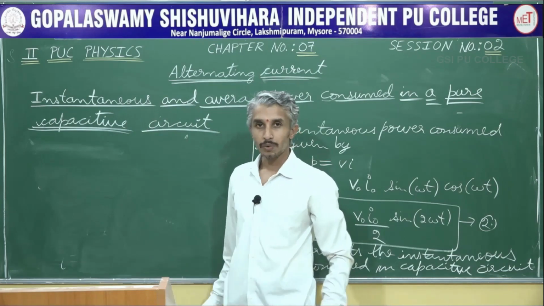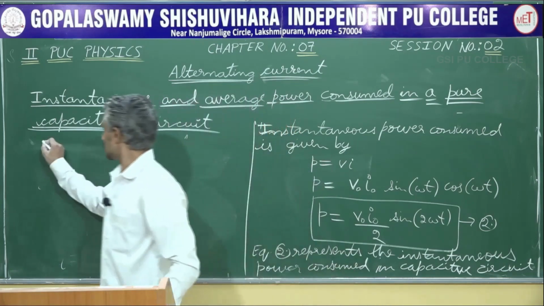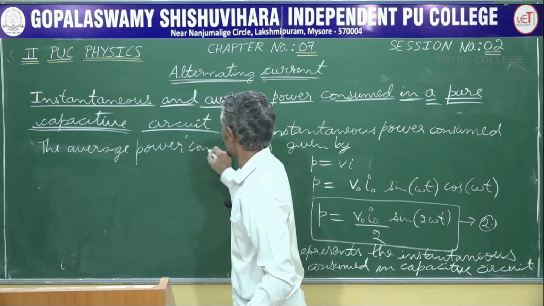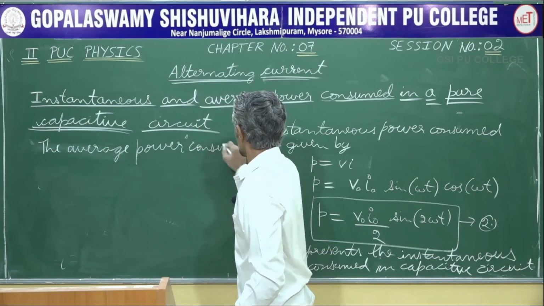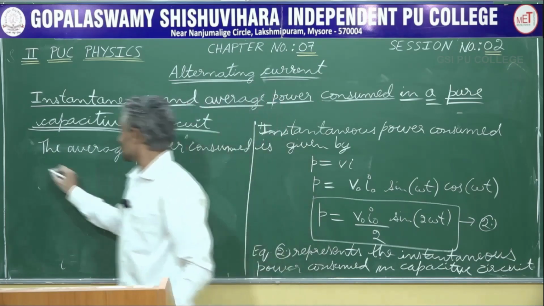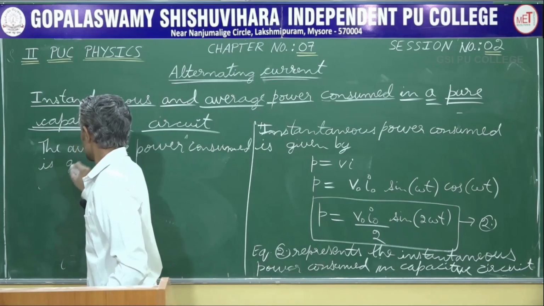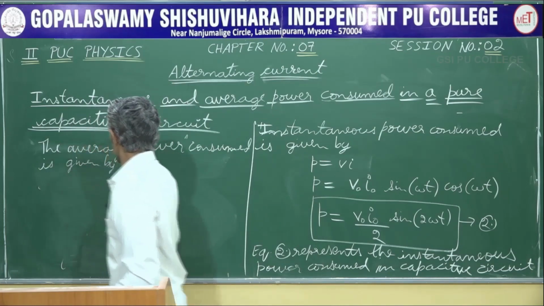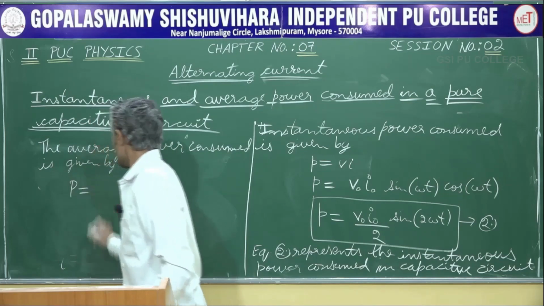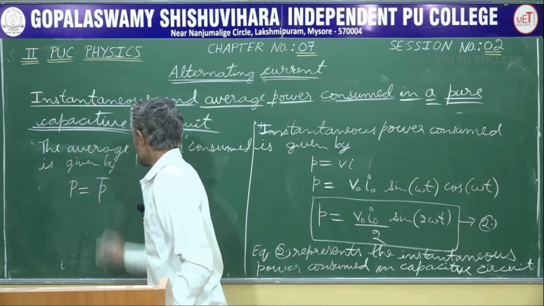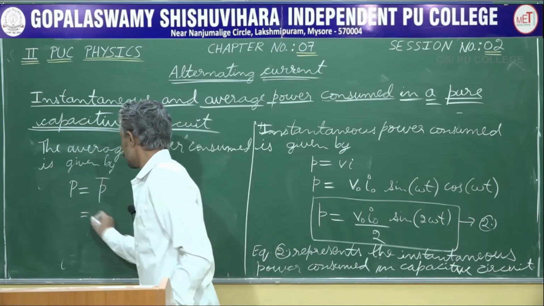Now, let us see what is the average power consumed in the circuit. So, the average power consumed is given by capital P, average of the instantaneous power.